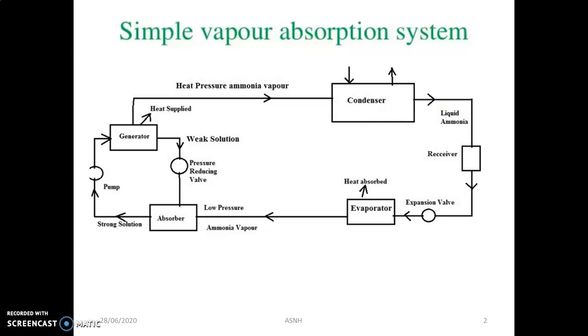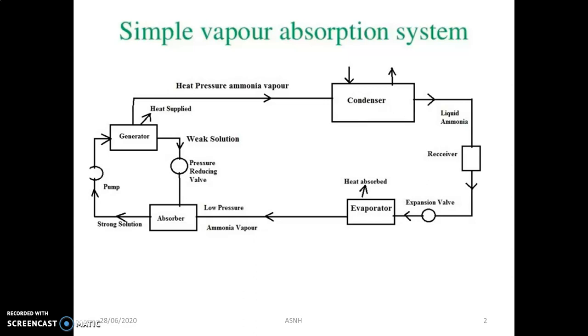But in the vapor absorption refrigeration system, instead of the compressor, four important components replace it: the generator, pump, absorber and pressure reducing valve. In this system, the refrigerant used is NH3, that is ammonia, and the absorbent is water.